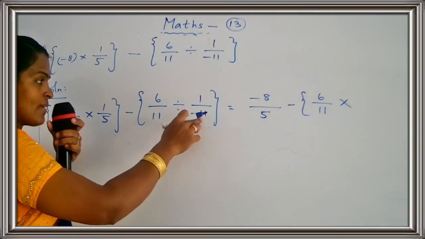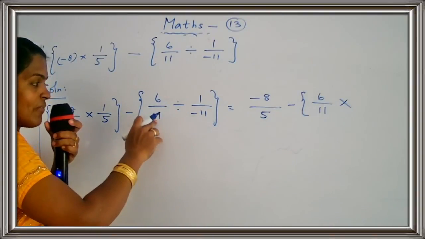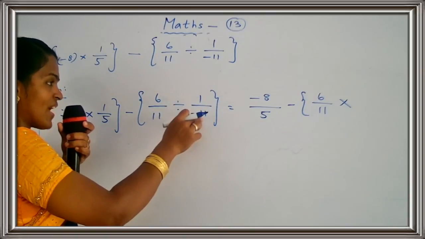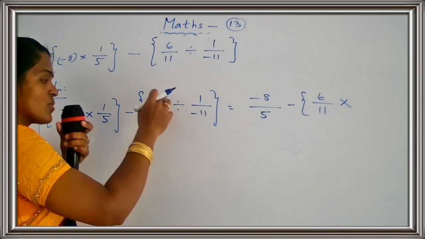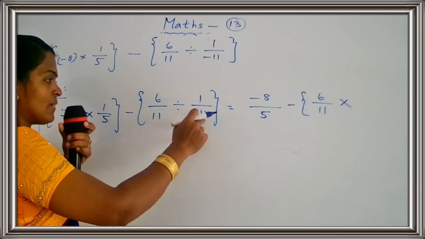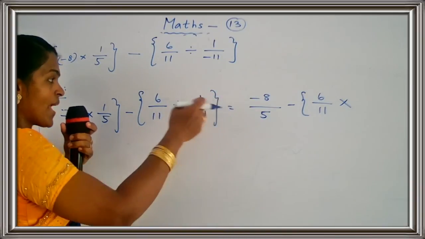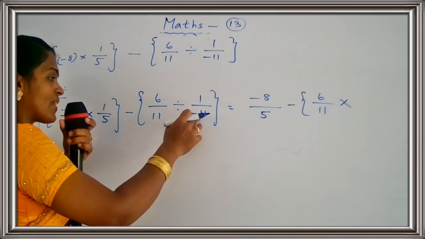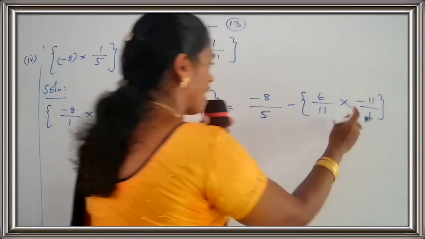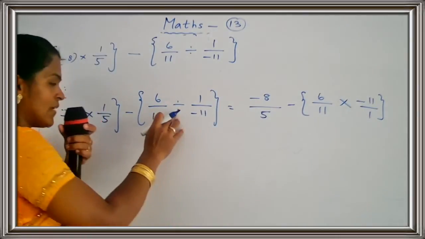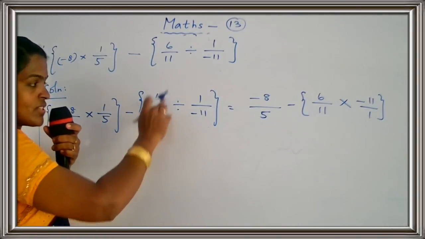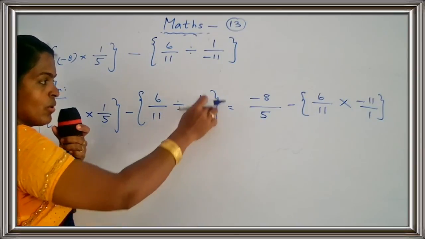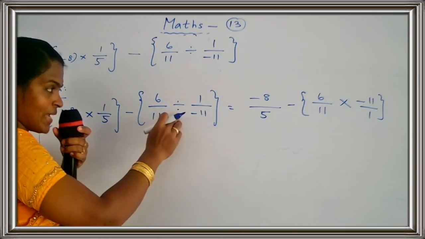Now, what is the next step? Here is minus, subtraction. So, in subtraction, add the additive inverse of the rational number to be subtracted to the other rational number. In division, when converting to multiply, what do we do? Reciprocal. You multiply the dividend by the reciprocal of the divisor.